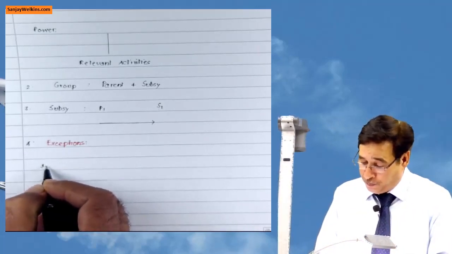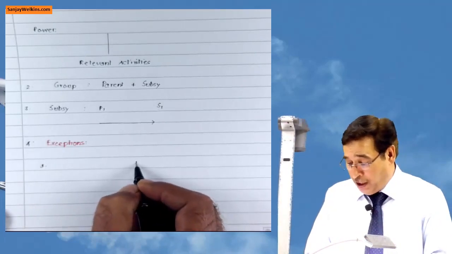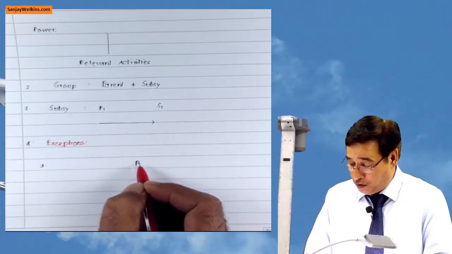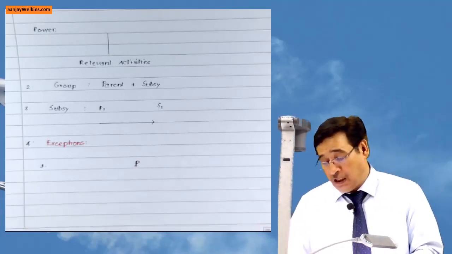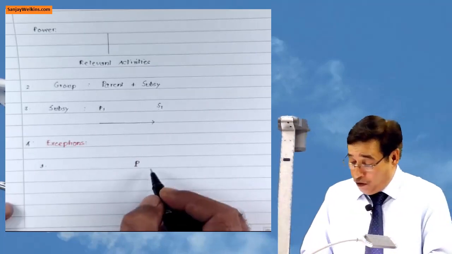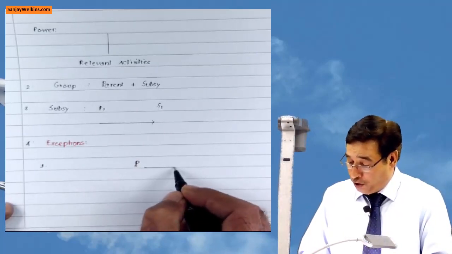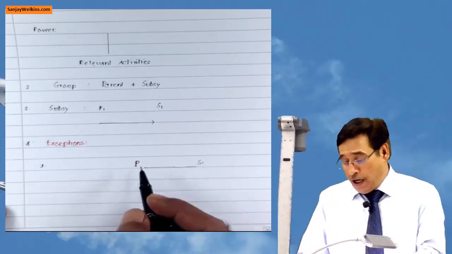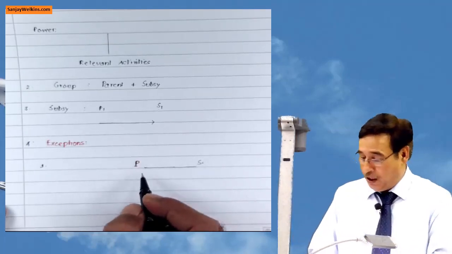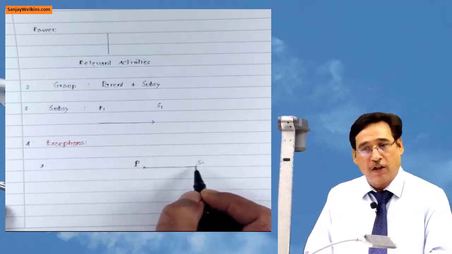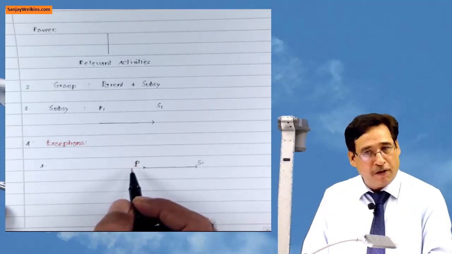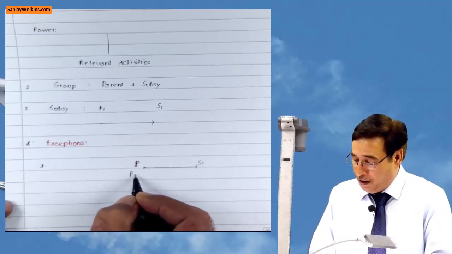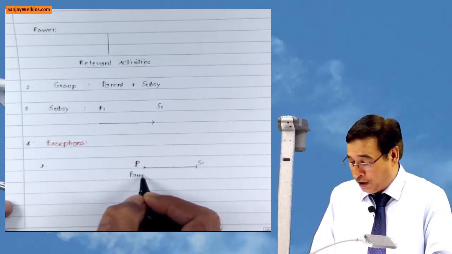Suppose there is an entity P, and I will use the red pen to write P. There is an entity by the name of P. We further presume that it is in control of this entity S1. Quite obviously, if we take into account the relationship between these two, P happens to be the parent company and S1 the subsidiary company.